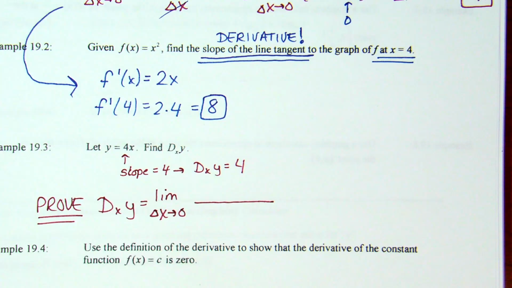So what does that look like in this problem? If it was 4 times x, it's now going to be 4 times x plus delta x, minus f of x. What is f of x? Just the regular 4x, all over delta x.